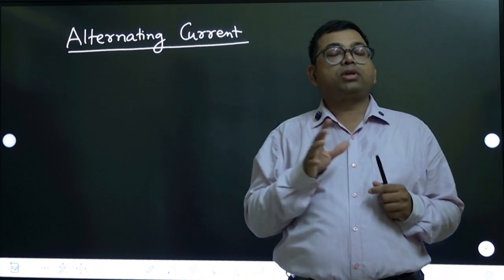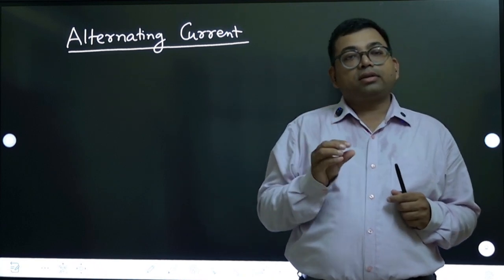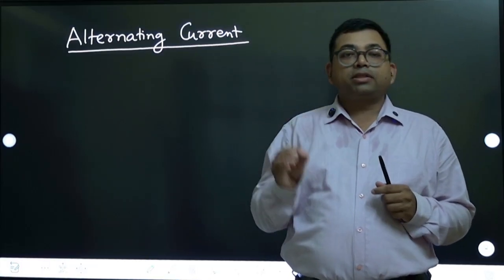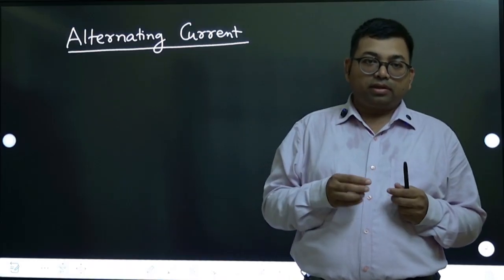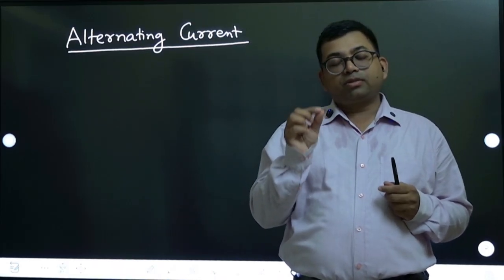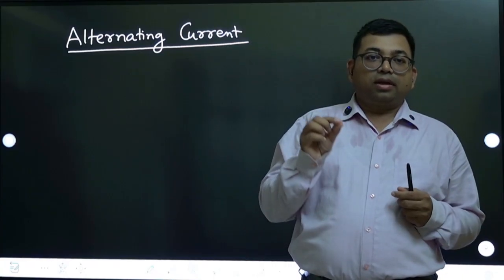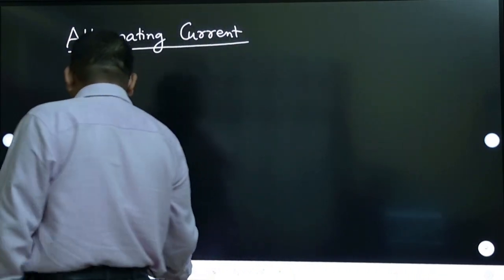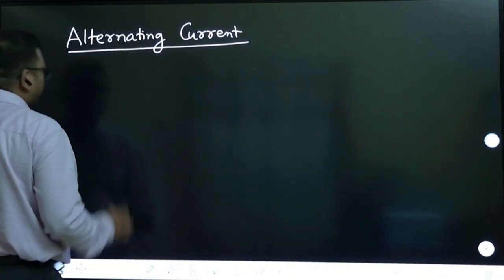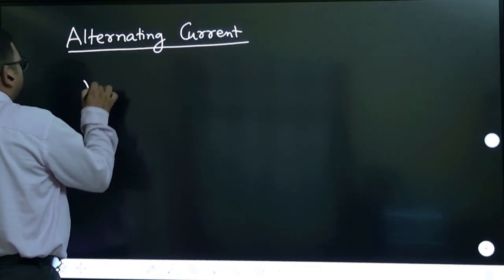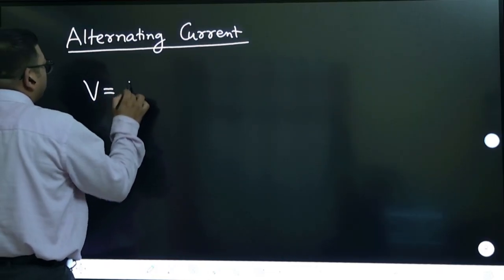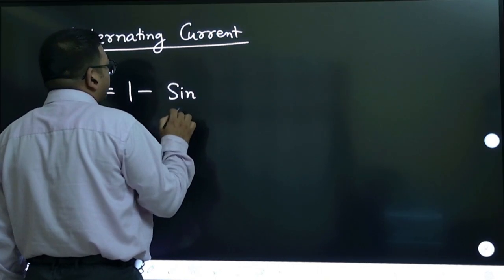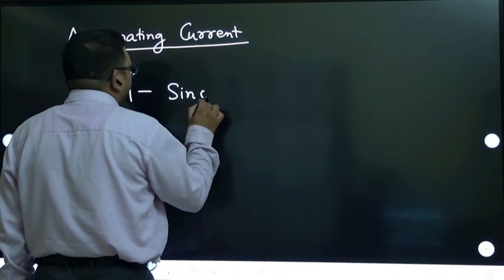But before we go into that, we will look at some of the problems of calculating average value and RMS value. Last class we have done that, right? So let's take some basic small questions, and let us see how to do that. So let us say that voltage V is equal to 1 minus sine omega t.